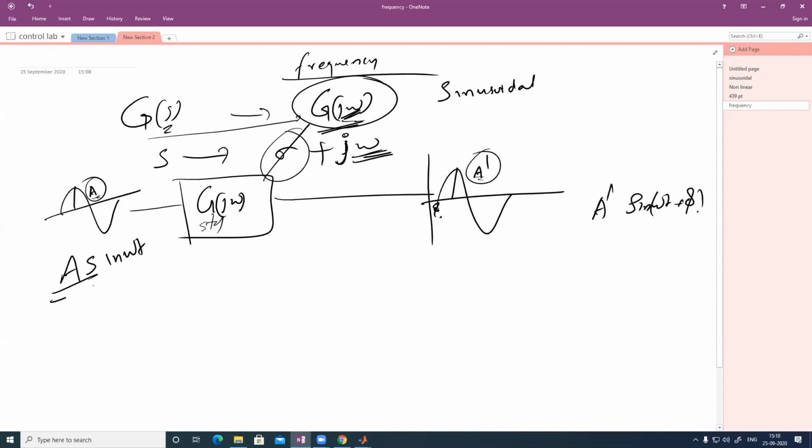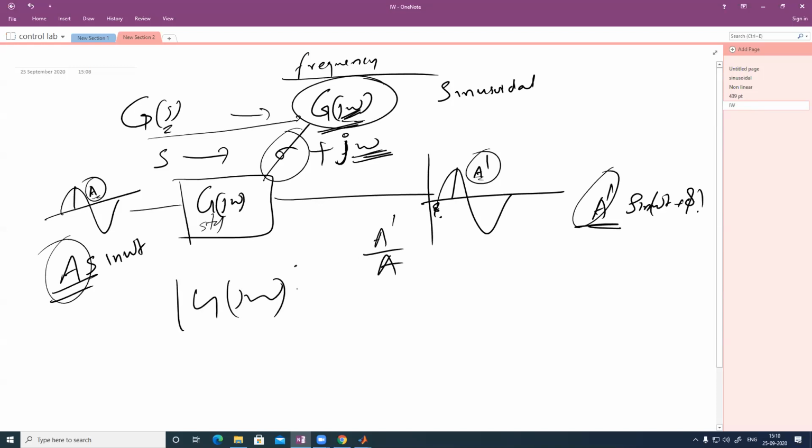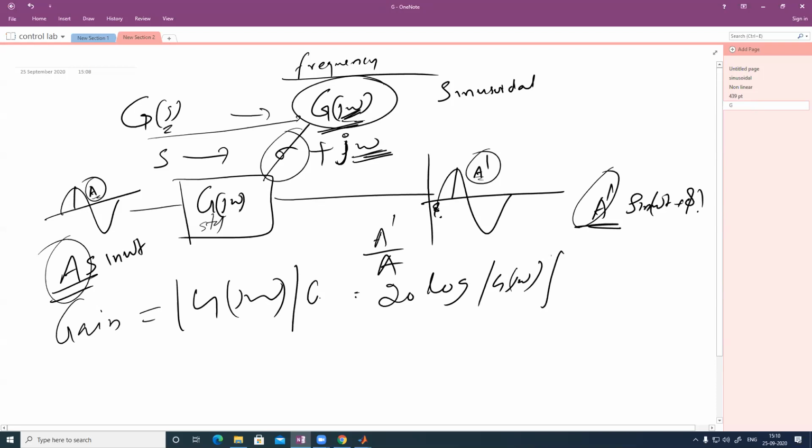So you are measuring this gain, output to input, A dash to A. That is mod of G of J omega, the gain. And you are converting that to 20 log mod G of J omega. So that will be the gain, and the phase is this phi. That is phase.